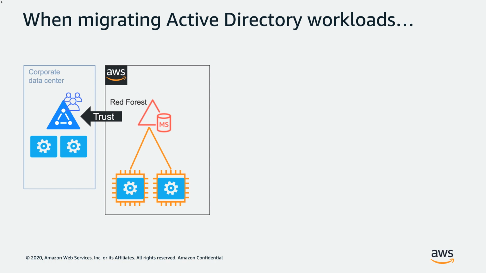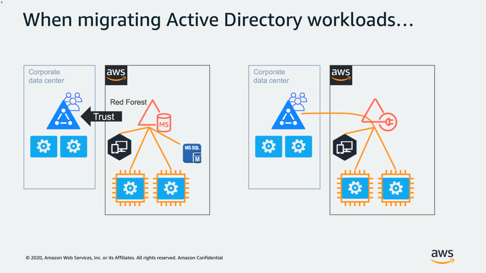Frequently, these customers follow the Microsoft Enhanced Security Administration model, also called the Red Forest architecture. In this case, they use AWS Directory Service for Microsoft Active Directory as a resource forest for running the application. This also enables them to use other AWS managed services like RDS for SQL Server or WorkSpaces virtual desktops.